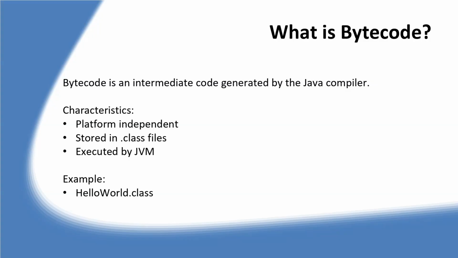This is the secret behind Java's famous slogan, write once, run anywhere. The same bytecode file can run on Windows, Linux, macOS, or any other platform. So the characteristic is platform independent, and it is stored in the .class files, and it is executed by JVM.